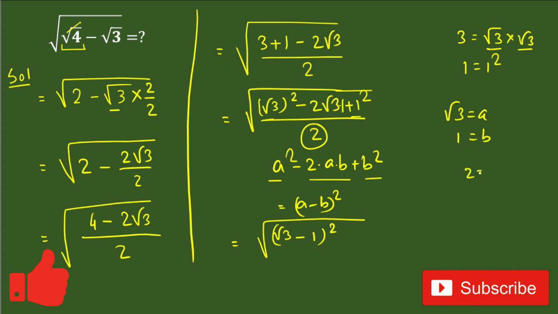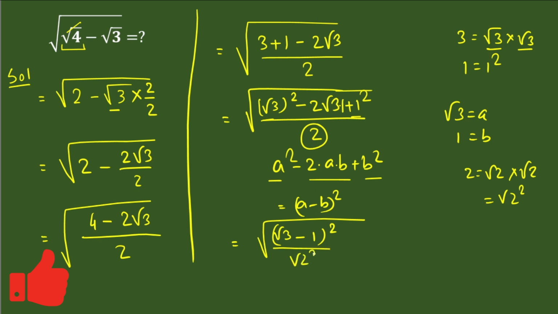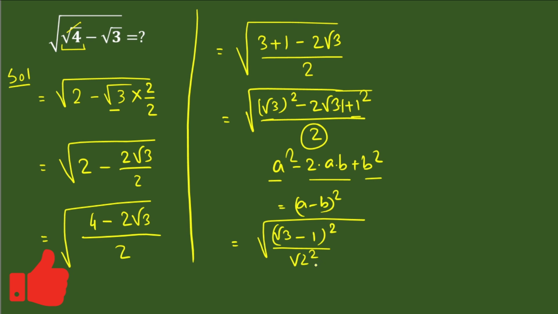And 2 we can write as square root 2 multiplied by square root 2. So it is square root 2 whole square, right? So here in the denominator we'll write square root 2 and its square. Now the numerator and denominator both have a square value, so it is in the form of a square by b square. So we can write this term as a over b whole square.